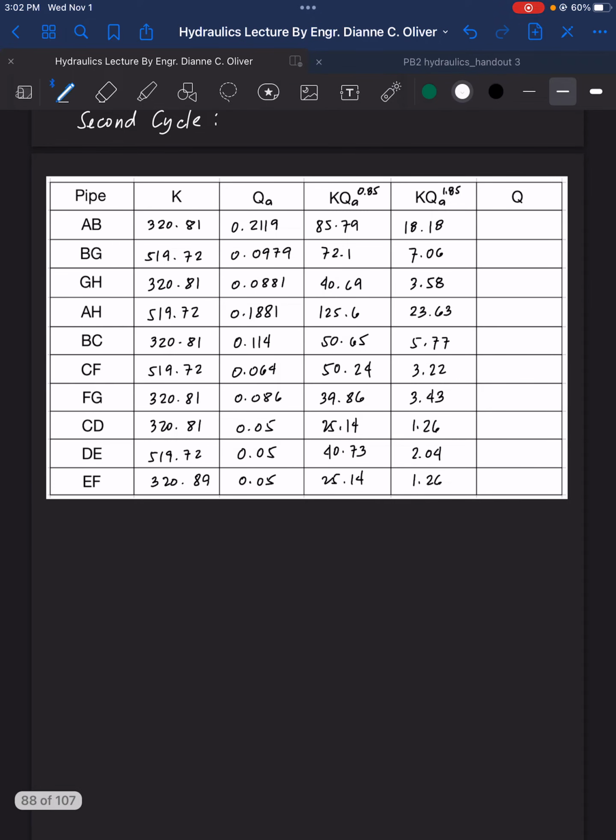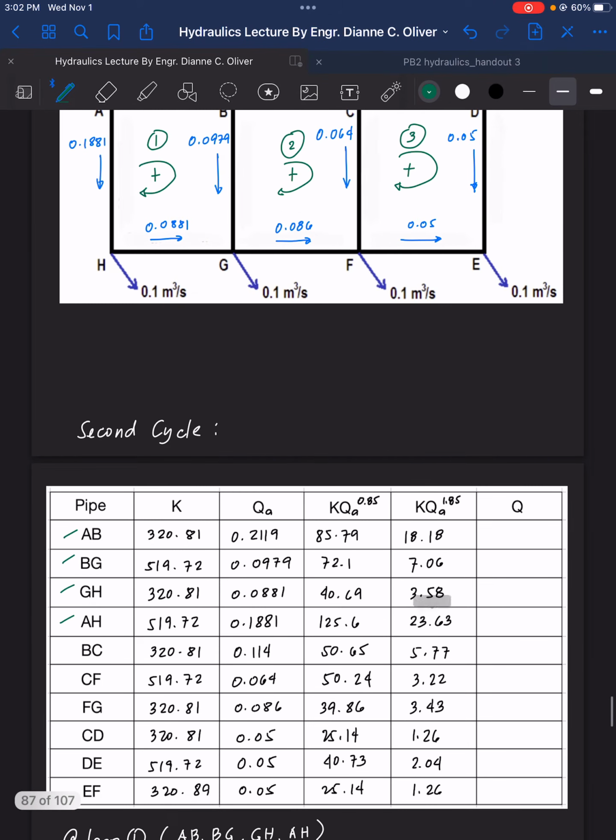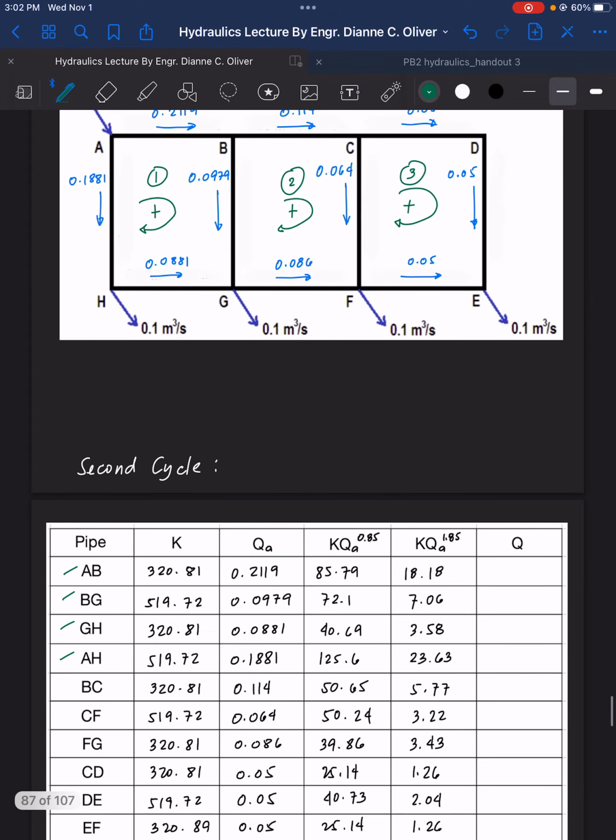Then we solve for the correction at loop 1, that is the pipes AB, BG, GH, and EH. So if you recall, it's the first four. For the flow, AB is clockwise positive, BG is clockwise positive, GH is negative counterclockwise, EH is negative counterclockwise.